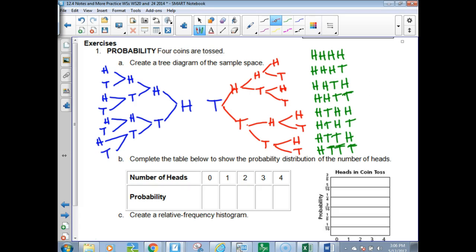All right, now we've got to list the right side. Start with tails, then 3 heads. Now, I'm not going to say it anymore. I'm just going to write them, and you just make sure you have them all.